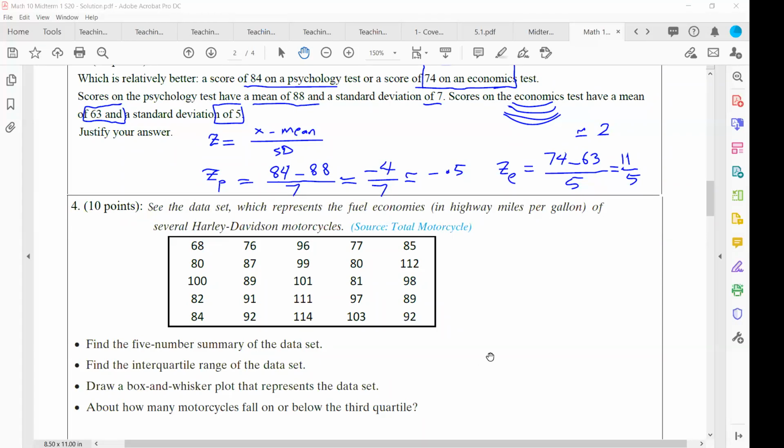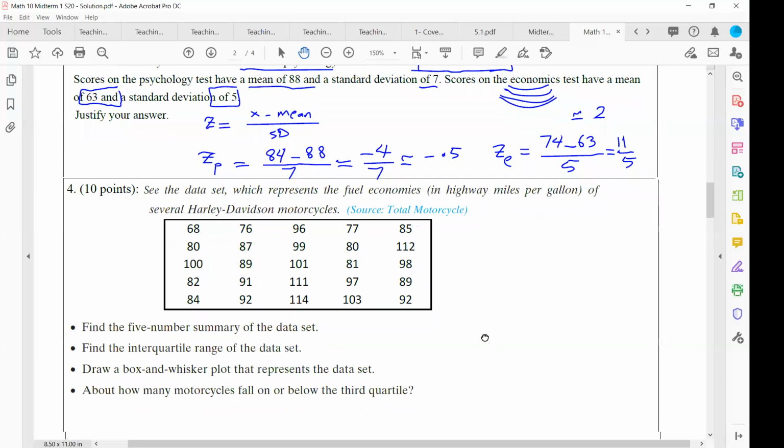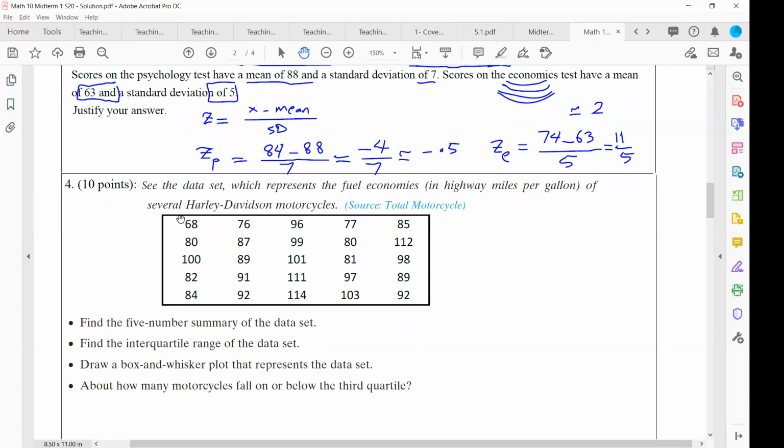Okay, so here we have to use our calculator. We have to do a little bit of calculation here. So let us select this data. Let us go to Alcula. For you, you're going to use your calculator.